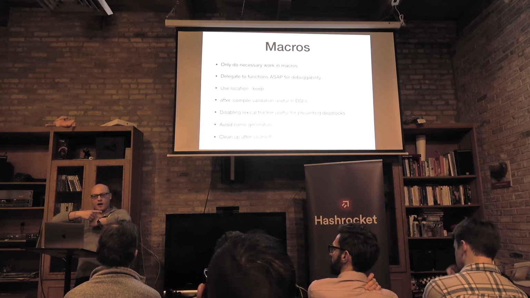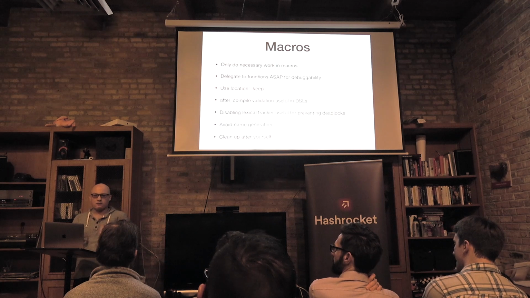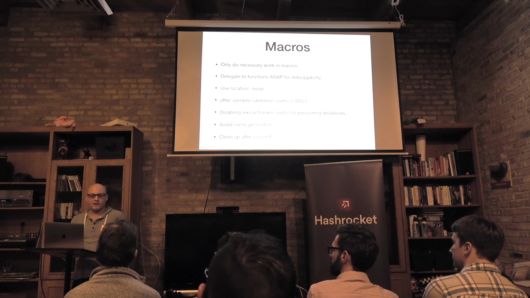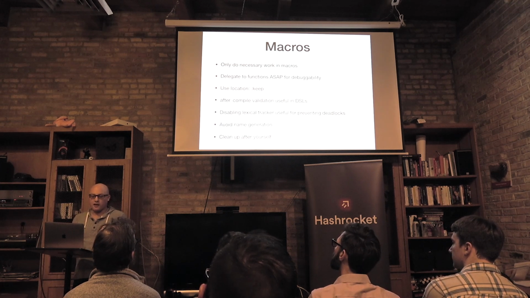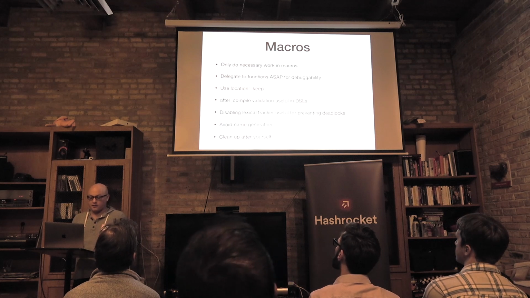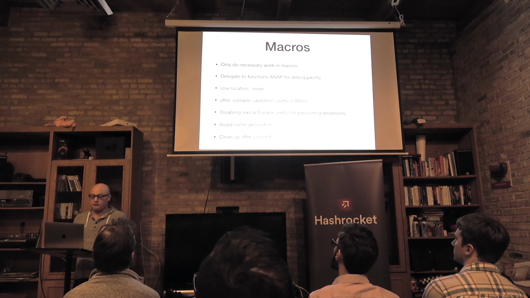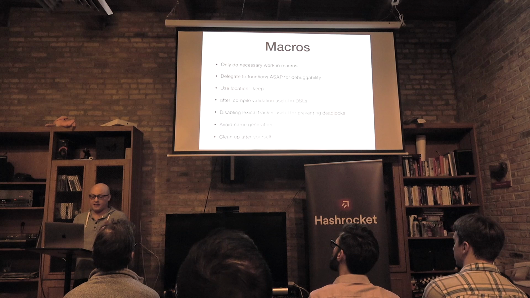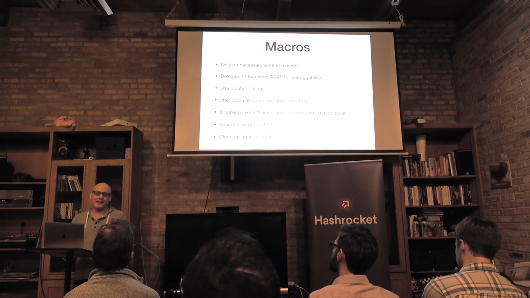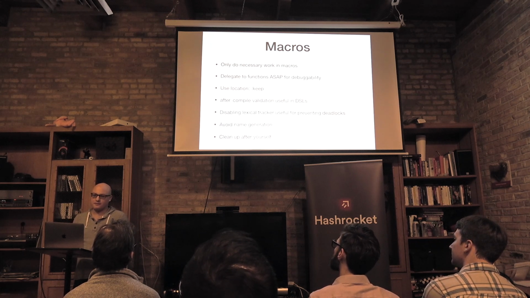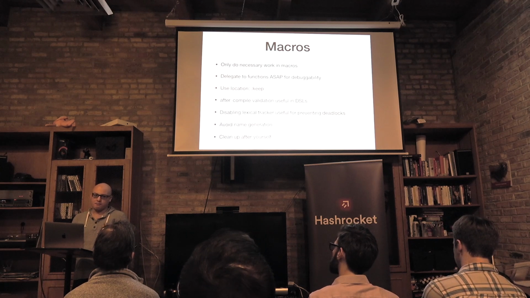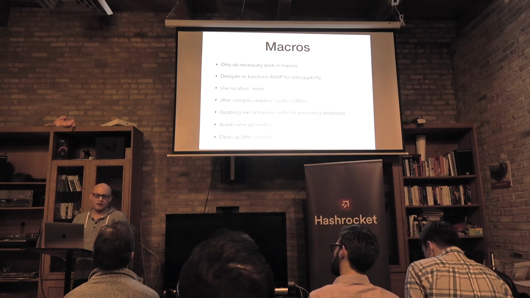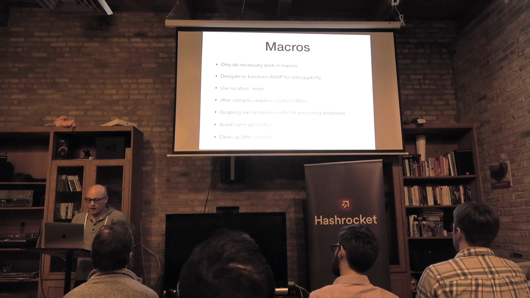But since they both require each other to be able to compile, which do you actually compile first? You get a compiler deadlock there, and so by disabling the lexical tracker, you can tell Elixir that you basically know what you're doing and that it doesn't need to keep track of that because you're going to make sure that everything's going to compile appropriately.